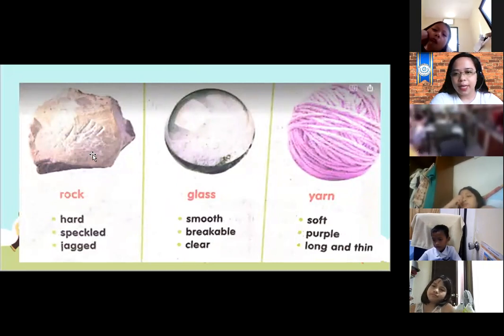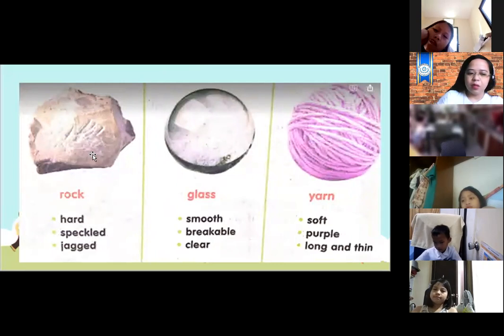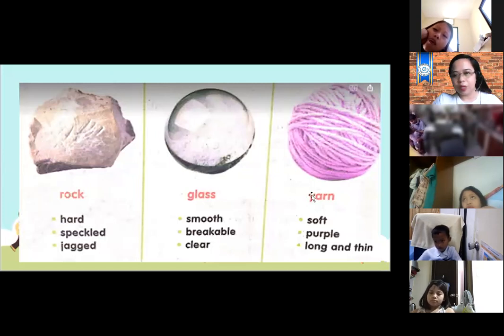So for the glass, it is smooth, clear, and breakable. Unlike the rock, which is actually hard, speckled and jagged. There are a lot of markings on the rock. Then you have yarn. So the yarn is soft, purple, long, and thin.